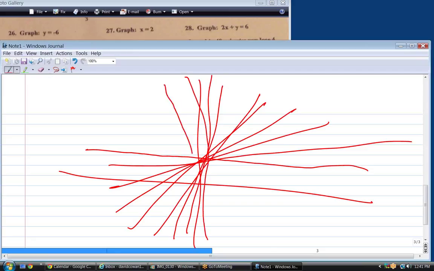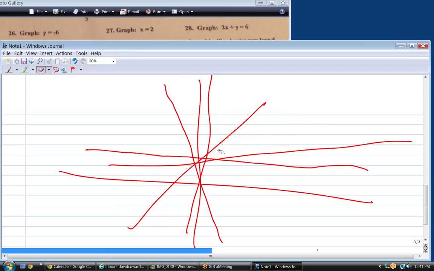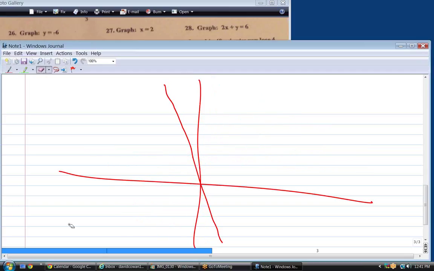Okay, so what you're doing is using your x-axis as a reference point for whether it's going up or down? Well, notice that if you look at any line, like that one, you can tell if it's positive or negative by the fact that this one goes from upper left to lower right.